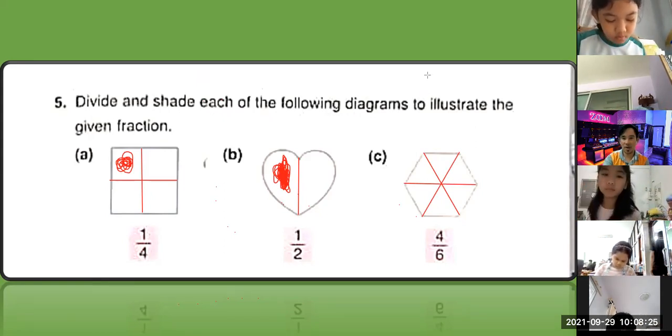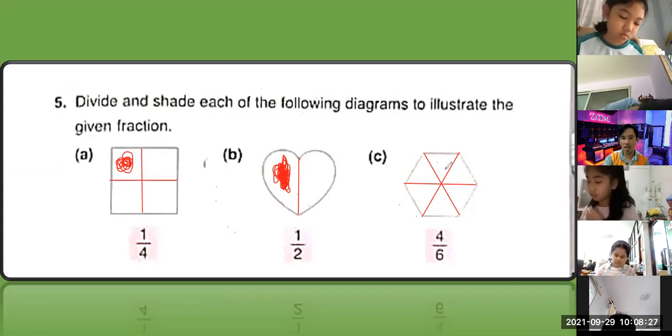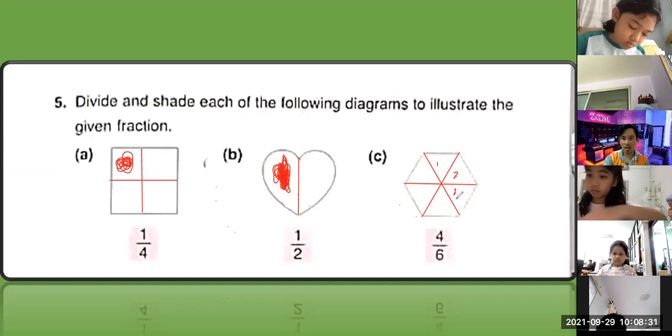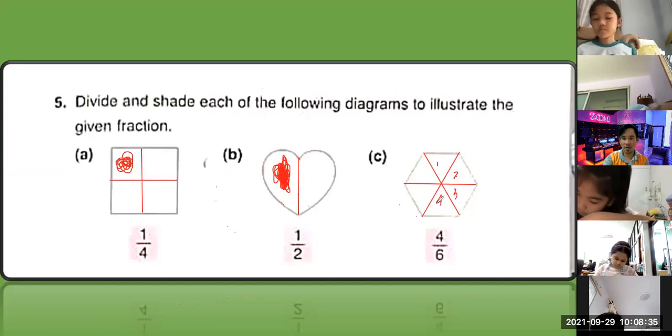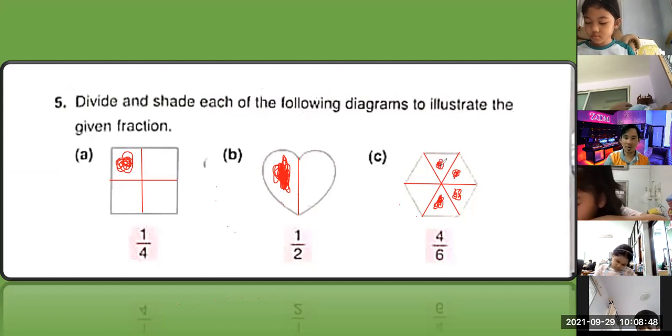So you have to color this part. 1, 2, 3, 4. We call it 4 over 6.